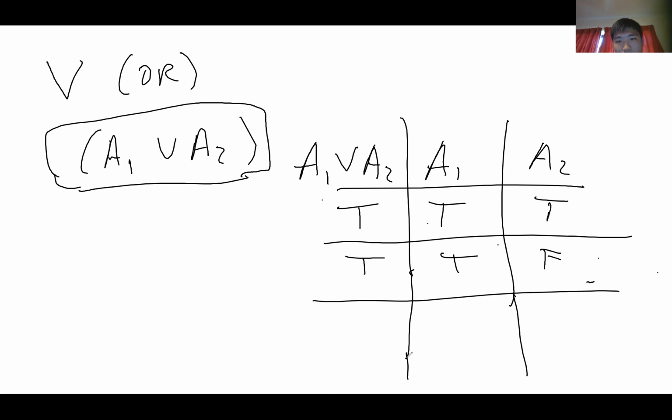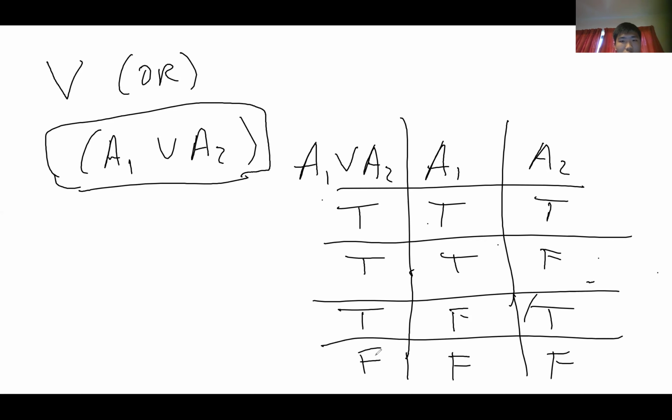If A1 is false and A2 is true, then it's also true, because A2 is true. And A1 or A2 is false only if both of them are false.